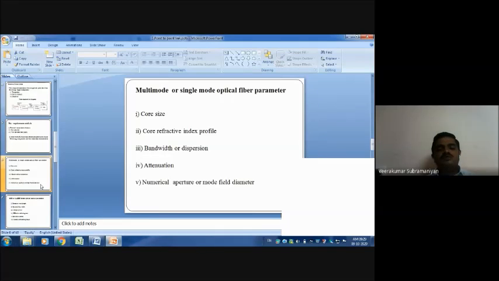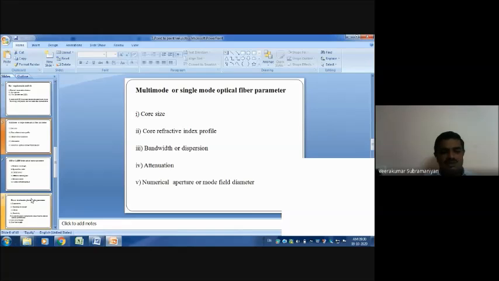Then fifth one is numerical aperture, the light gathering capacity of the optical fiber. Then mode field diameter, how much diameter you have to select for this particular light signal transmission. These are the parameters we must consider before designing or selecting our fiber optical cable.